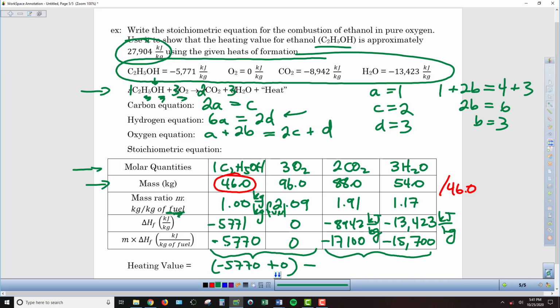And then the release that's in the formation of the carbon dioxide and water is negative 17,100 plus that negative 15,700. So we subtract reactants minus products. And so if we go through that, we're going to find a result of approximately 27,000 kilojoules per kilogram of the ethanol.